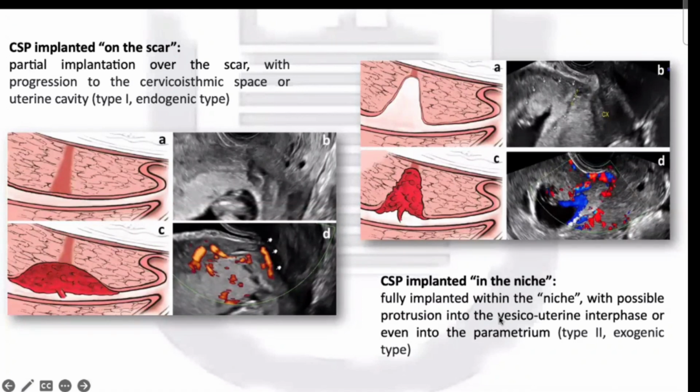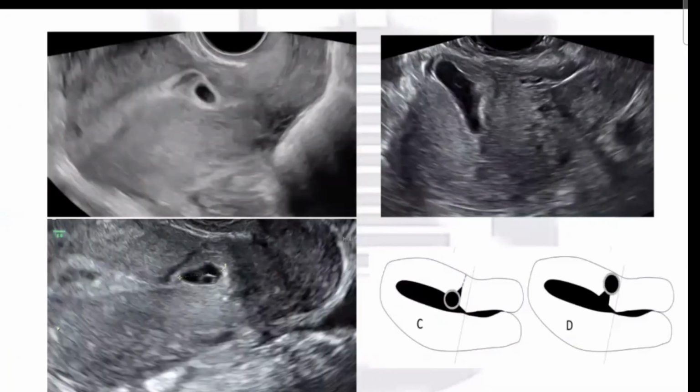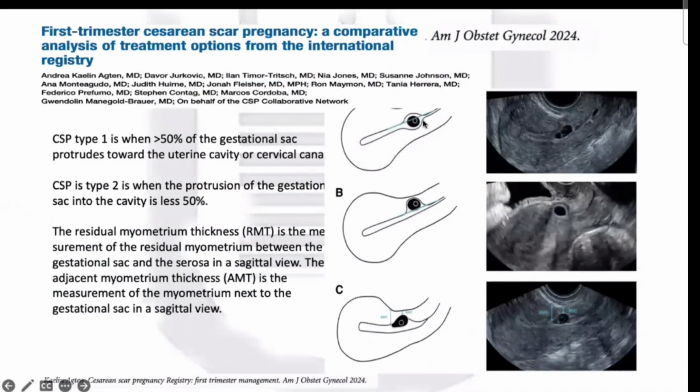And the other one where the implantation is inside the niche and goes deeper and can reach the serosa of the uterus. And these are the two types that we have to distinguish. And it is important to understand which type we have in front of us by measurements and by looking at the invasion of the myometrium. And you can see very clearly these two types.